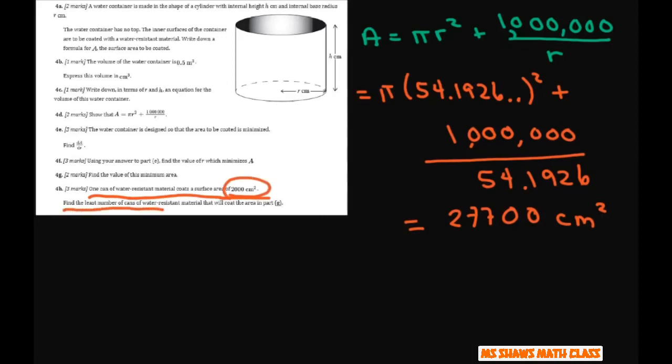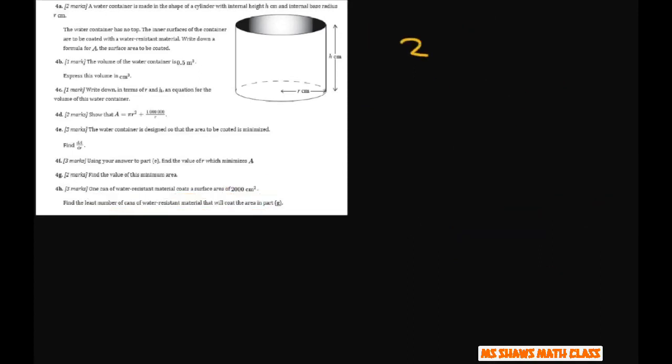Find the least number of cans of water-resistant material that will coat the area in part G. So this was rounded to significant figures, so I want to take our actual number, which was 27,679, and divide by 2,000.